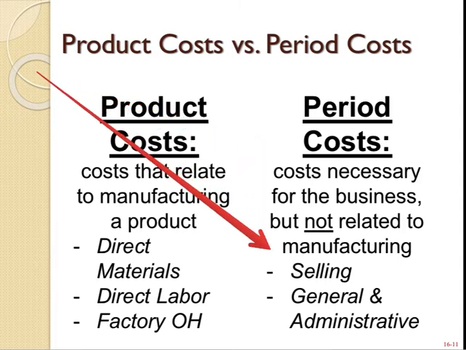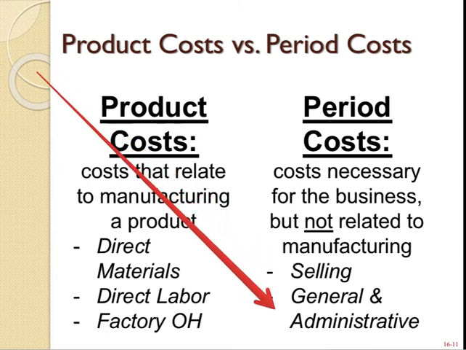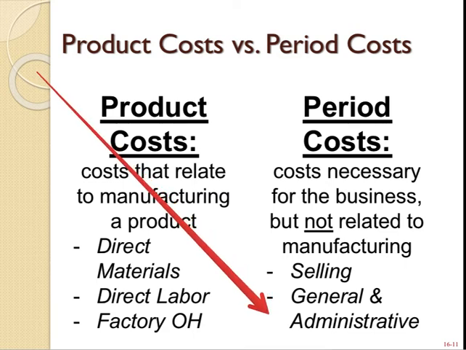So those are going to be like your selling costs, so how you pay your sales reps, or if you have a sales showroom or something like that, that's selling costs. Or shipping the product to your customer, that's a selling cost. Or general administrative costs. So that's going to be like your HR department, your office headquarters.